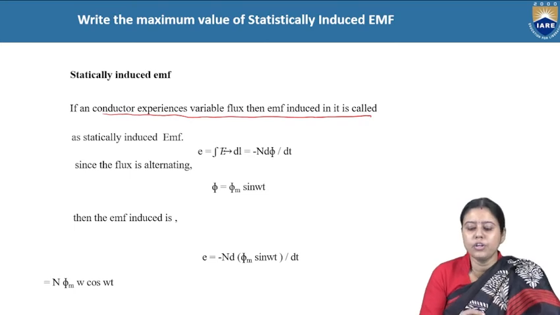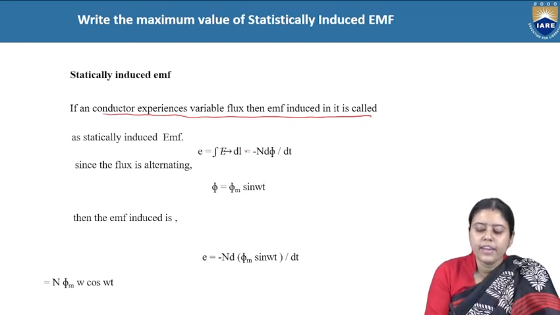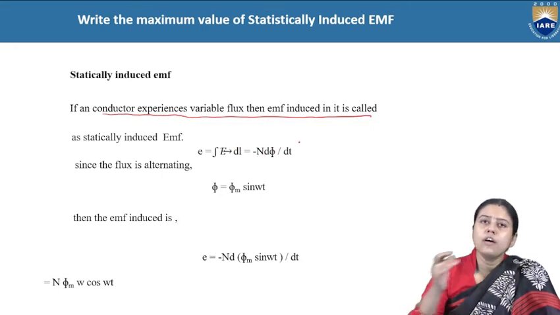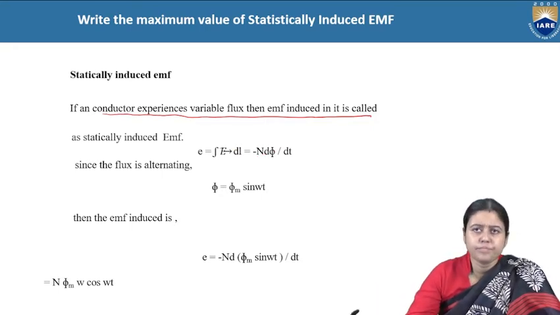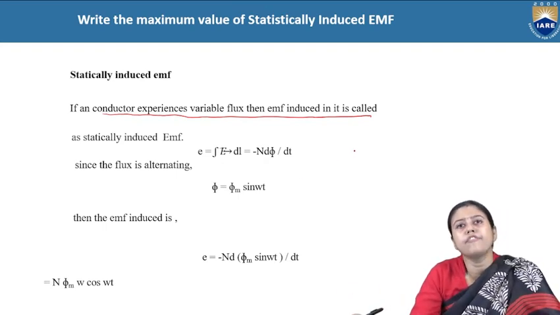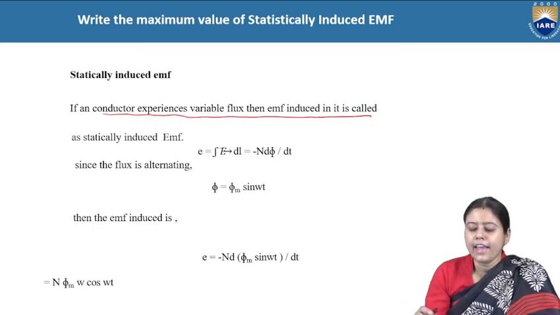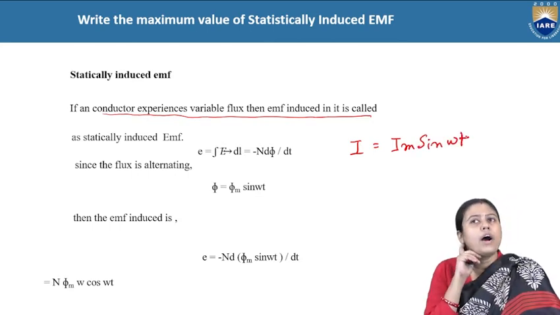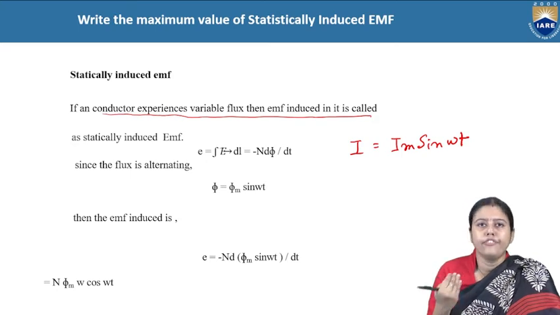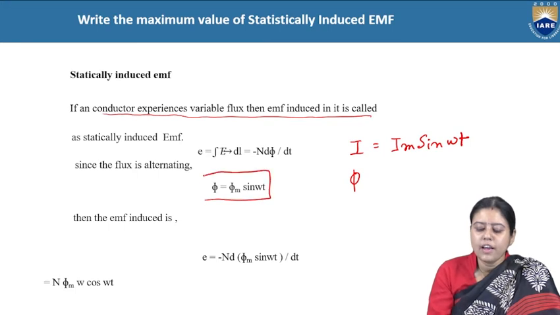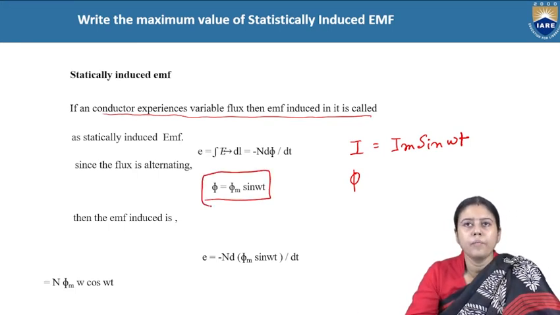So we know the integral of E dot dl is equal to n d phi dt. Now, what is the cause of the time varying flux? We know the cause of the time varying flux is the current I, and the AC current equation we can write as Im sin omega t, and it will generate the field or the flux phi. And what is the phi equation? Phi m sin omega t.